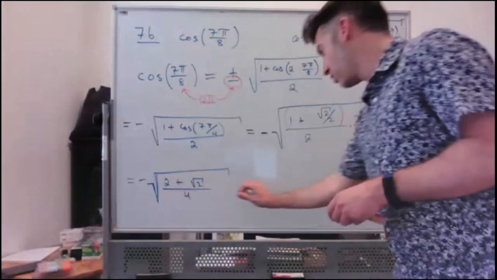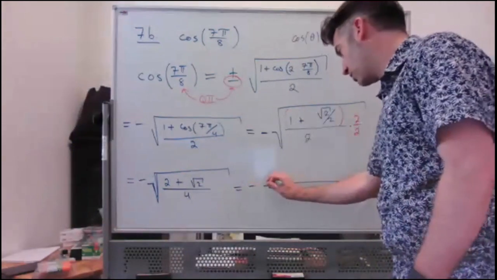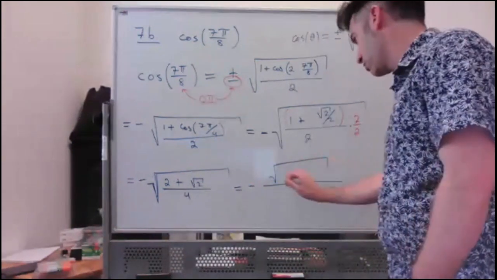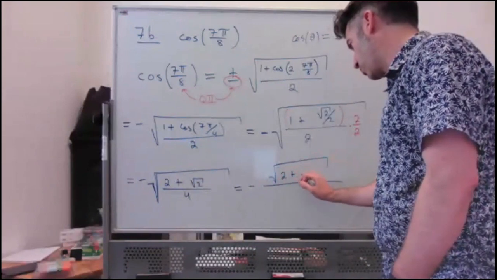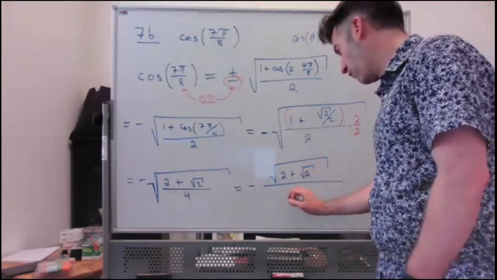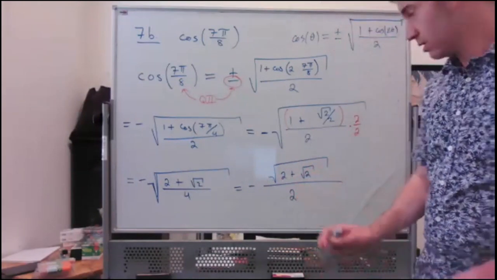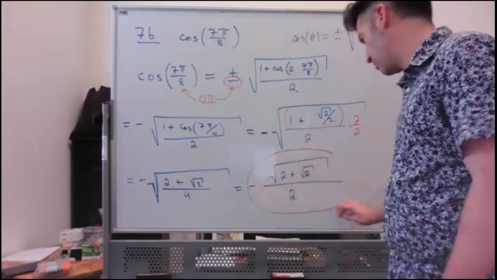But the square root of 4 is 2. So we can simplify this one step further, where the radical is just in the numerator: the radical of 2 plus root 2, all over just the square root of 4, which is 2. So this is how this kind of thing typically simplifies.